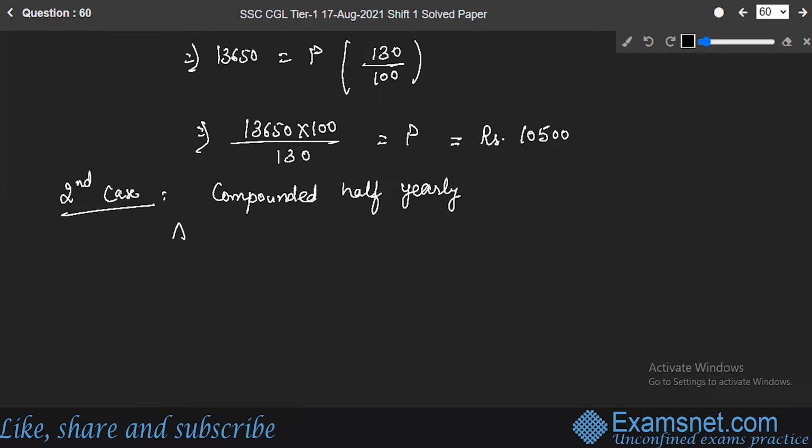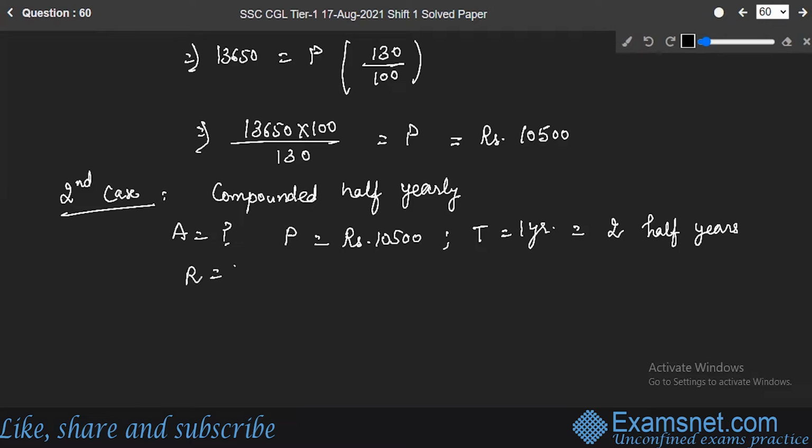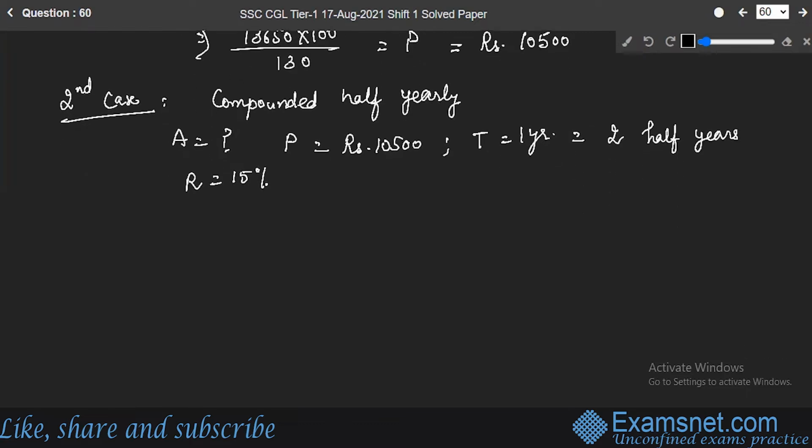So amount you have to calculate. Principal, you know, it's 10,500 rupees. Time is given to you as 1 year. Since it's compounded half yearly, so it is equal to 2 half years. Rate of interest, it says it is same. Now we'll be using the compounded half yearly formula for this.